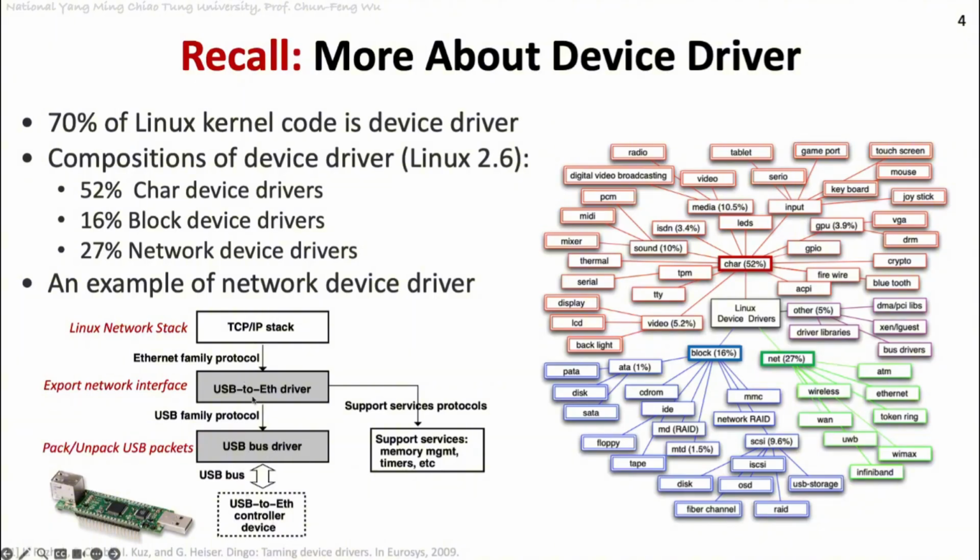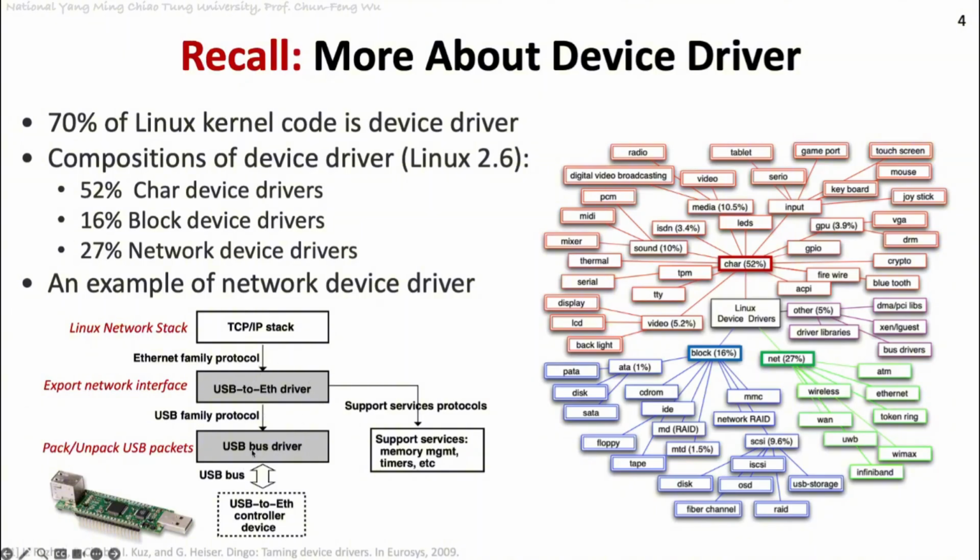For the USB to Ethernet driver, there is some protocol that we need to follow for the Ethernet family. If we are using TCP/IP, then there is some TCP/IP protocol. The kernel code will encapsulate this protocol inside the request and send it into the USB to Ethernet driver.